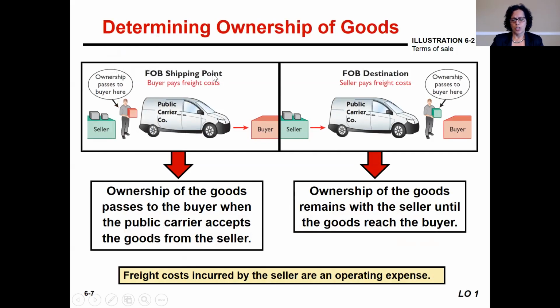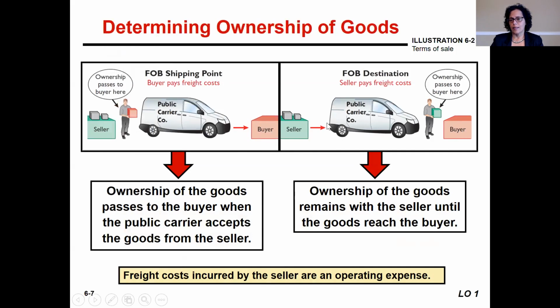So it's free on board shipping point. As soon as the seller gives it to the shipping agent, they have passed the title on to the buyer. So during transit, the buyer includes it. If it's free on board shipping point, the buyer includes it even before it gets to them. Free on board destination: only when the shipping agent gives it to the buyer does the buyer get physical custody.